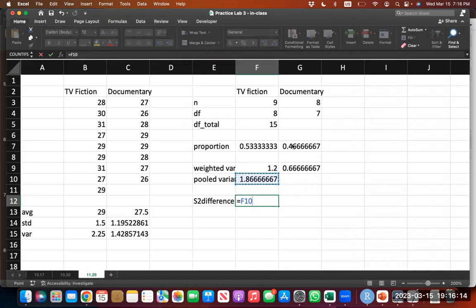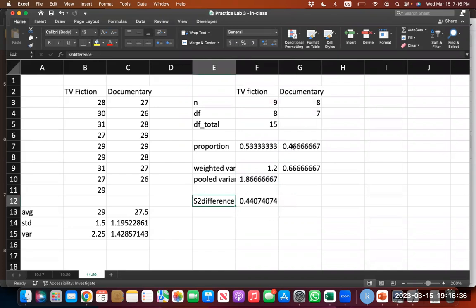We take the pooled variance and we're dividing it by the non-square-rooted sample size, because we are on the variance level. We're adding a second pooled variance divided by the second sample size. Gets us to an S squared difference of 0.44.